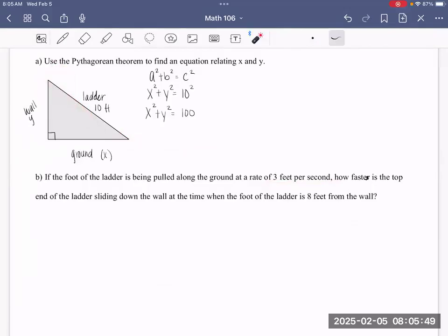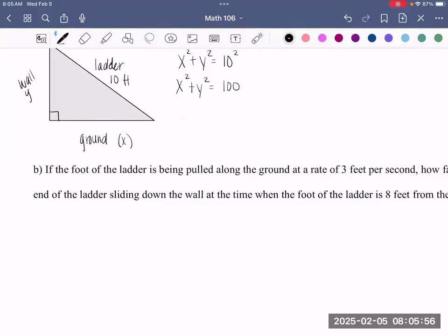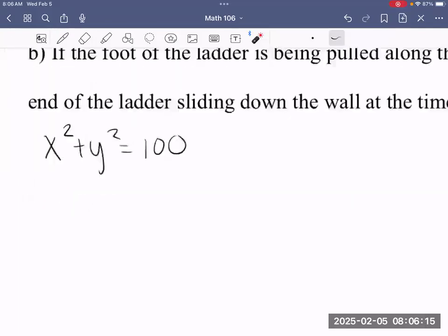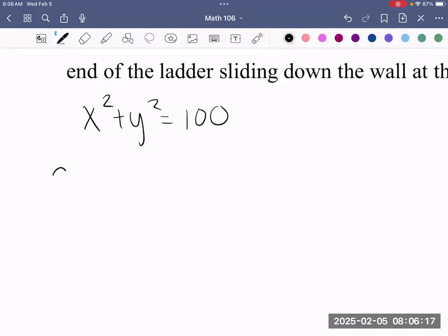Now, before we dissect this problem, let's take a moment to derive your following equation. So if we have x squared plus y squared is equal to 100, we know we have a third variable when we start to bring in some sort of a time aspect, right? We see two variables here, but there is that hidden third one where we're now talking about time, seconds. So when we derive your x, derive it as normal, right? 2x.